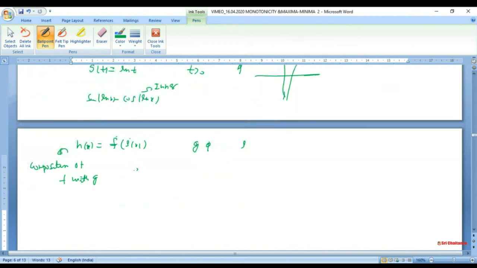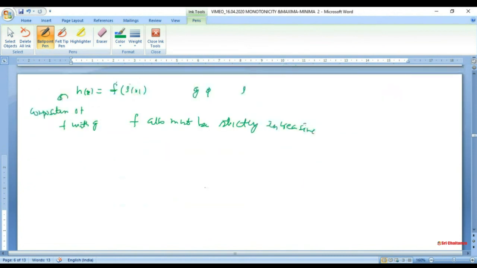If you want this, then f also must be strictly increasing. That's what we want. So we'll focus on f only. But see, the argument of f is now g(x). So f(t) is sin t − cos t.